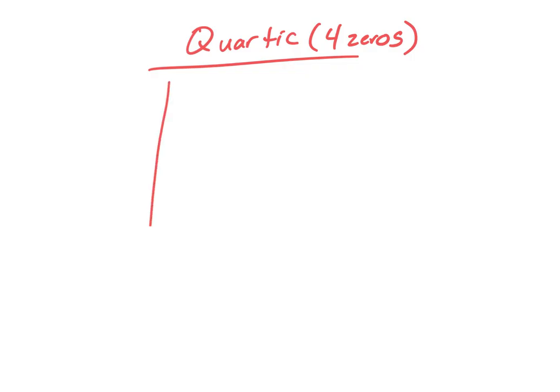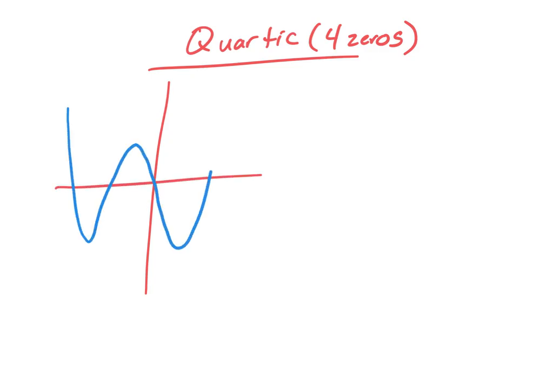For instance, a real easy one, we saw this yesterday, might look something like this. And it's a W-shaped type graph in most cases. But if it has 4 zeros, then that one would be pretty straightforward. It crosses the x-axis 4 times, and so that one's pretty easy to determine that those are my 4 zeros. Wherever it crosses the x-axis are my zeros.